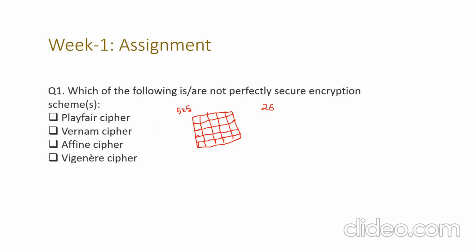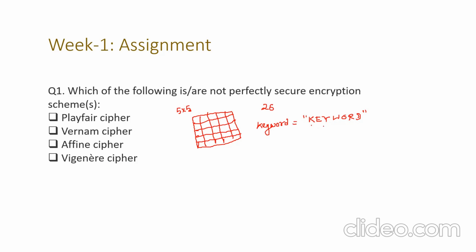Let's say you first choose a keyword, right? The way key generation works here, you choose some keyword. Let's say your keyword is "keyword" itself. Now, none of these 7 letters present in this key are repeated.